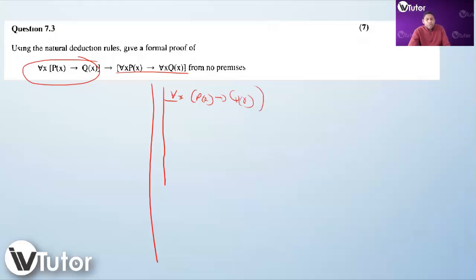And then we need to prove that. Given this assumption, if we want to prove ∀x(P(x) implies Q(x)), it means we need to assume and prove ∀x Q(x).